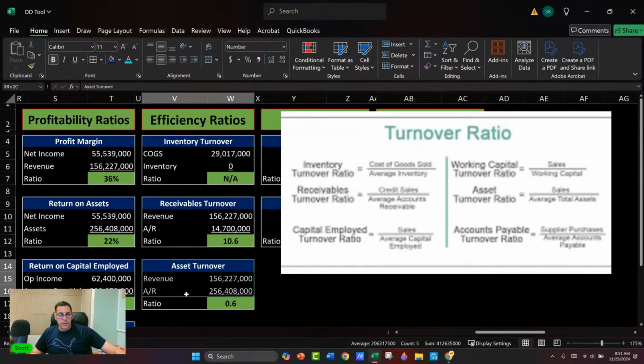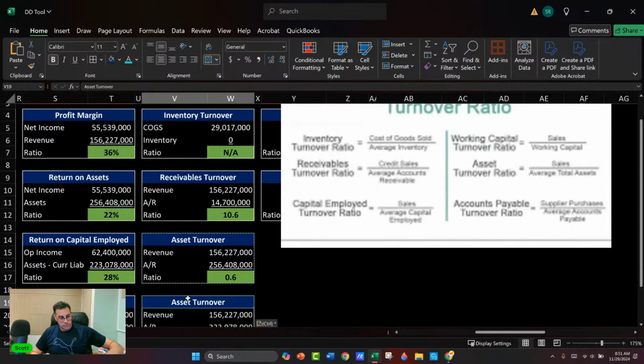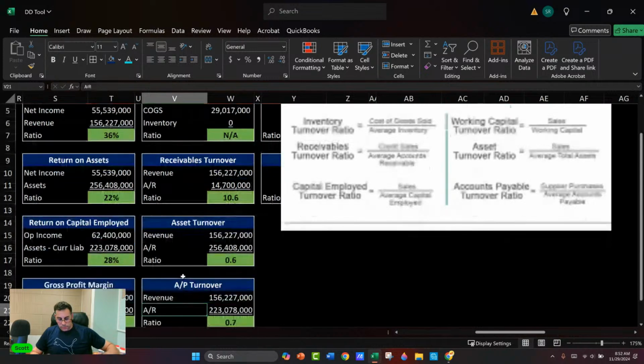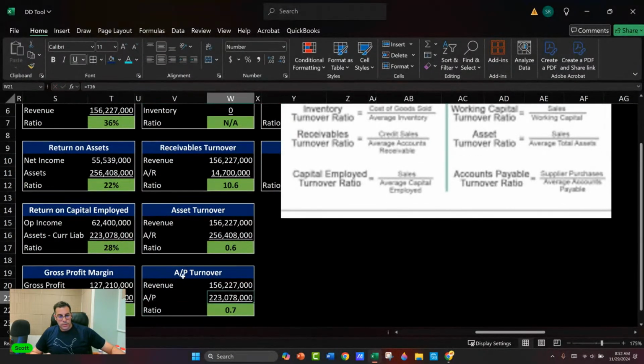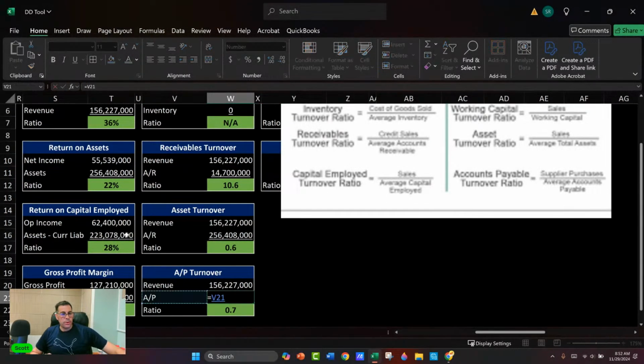AP turnover. Let's do that one. Accounts payable turnover. Revenue over accounts payable.